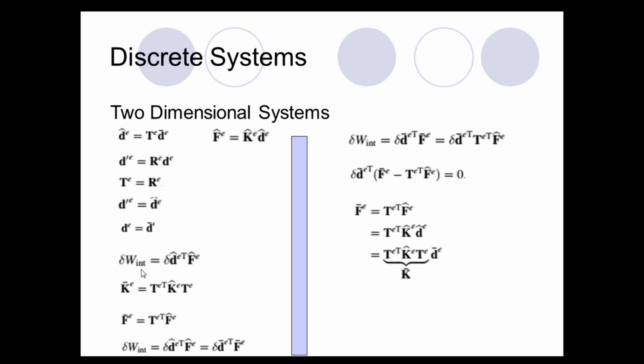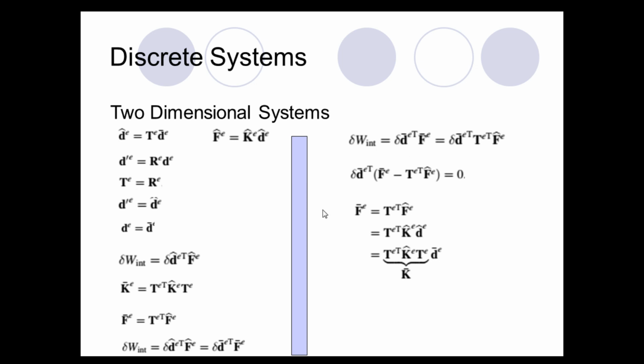Now this is the work, and work is a scalar quantity, therefore it has to be frame indifferent, which means that regardless of the coordinate system that I'm using, its value has to be the same. The value of the work shouldn't change with the change of the coordinate system. So delta de hat, fe hat, has to be equal to the delta de bar, fe bar.